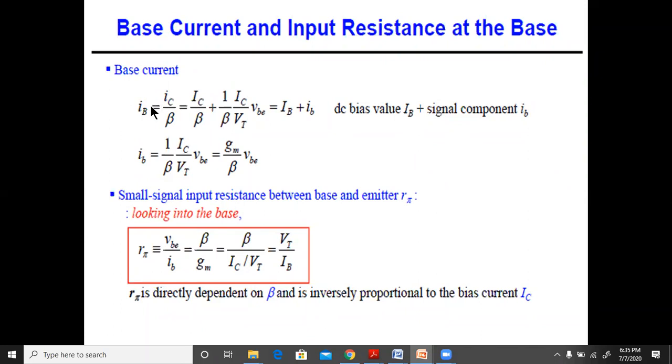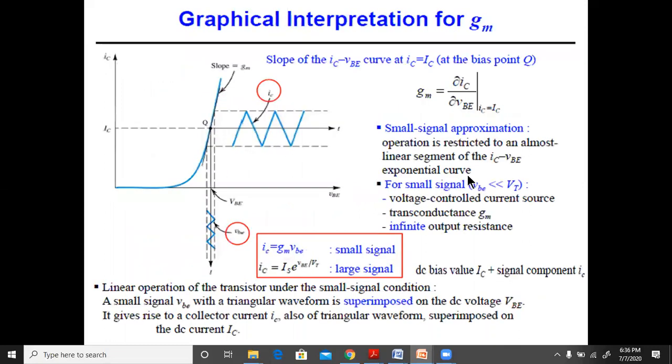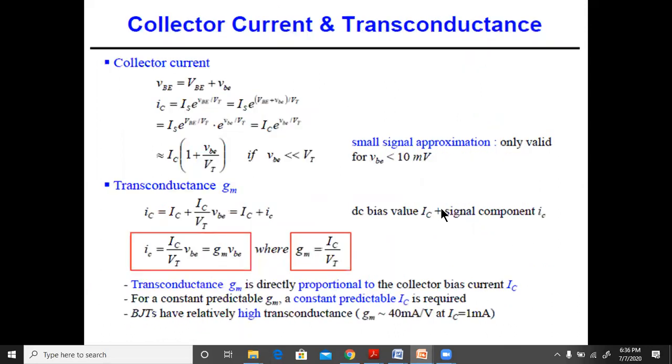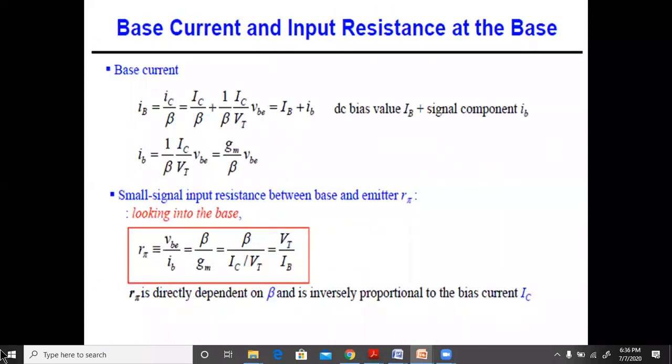Collector current and base current, whether DC or AC or instantaneous, will always have a relationship like this, divided by beta. And this IC, we have already calculated it and written it here. The same thing is being reproduced there, and that value turns out to be this quantity over here.